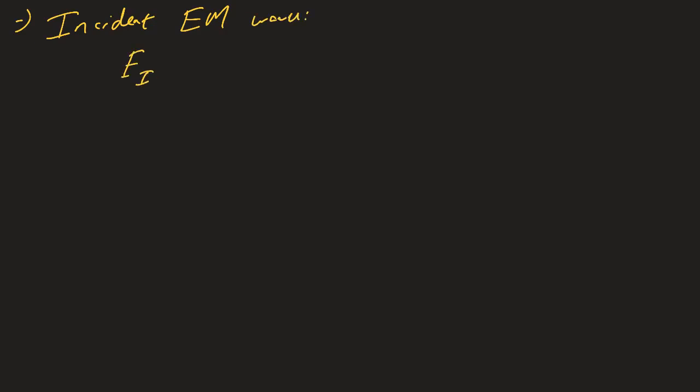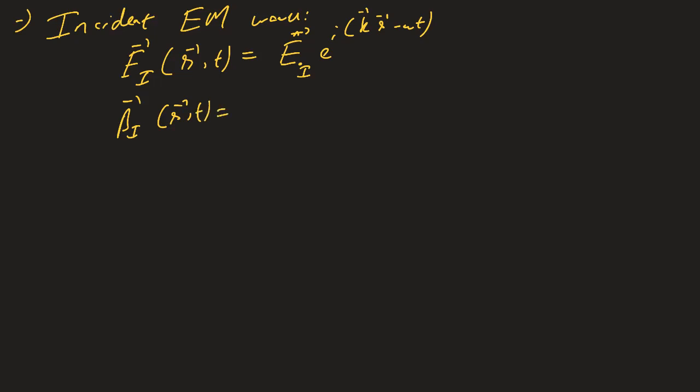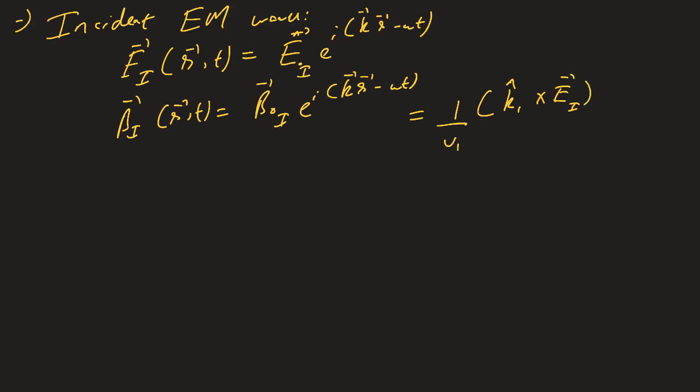The incident electromagnetic radiation, meaning the incident solutions to the wave equation in material with the refractive index n1, would be, so E_I of r,t would be E naught I, this is a vector, e to the i of k·r minus omega t, and the corresponding B field, B incident of r,t would be B naught I e to the i of k·r minus omega t, which is just equal to 1 over v1, where v1 is the velocity in medium 1, of k hat crossed with the incident electromagnetic radiation, right?